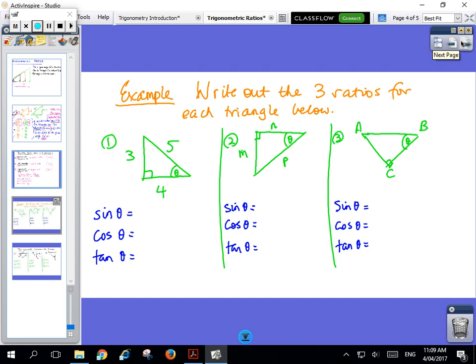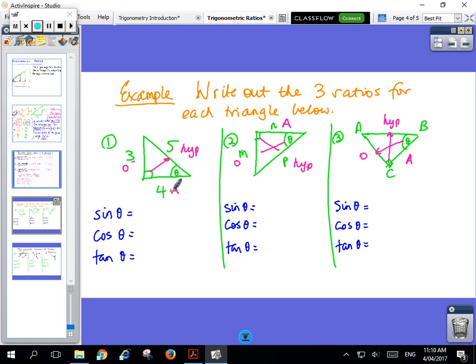Okay, so let's have a look at writing out what the ratios are for three triangles. We'll do some together and then you get some practice. So first thing we do is we name the sides. So we've got hypotenuse, opposite, and then adjacent. So in this particular triangle, I've got numbers on the sides.